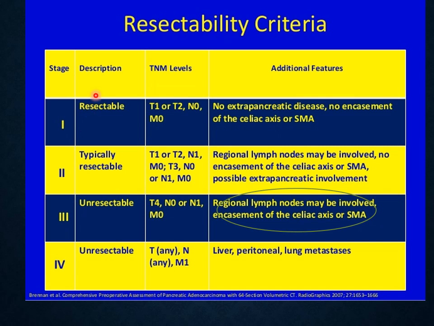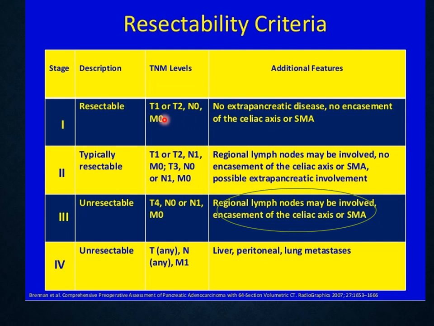Okay, now we come to the resectability criteria for cancer of the pancreas. You can classically stage them into 1, 2, 3, and 4. Stage 1 is resectable. The tumor is T1 or T2 within the pancreas, no lymph nodes, no metastasis. So in these cases there's no extrapancreatic disease, and there's no encasement of the celiac axis or SMA by tumor.